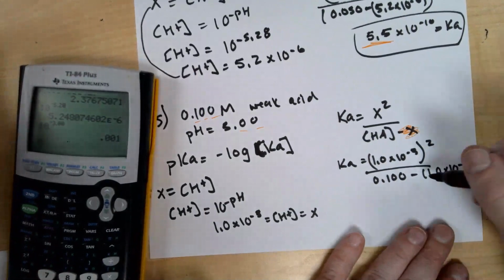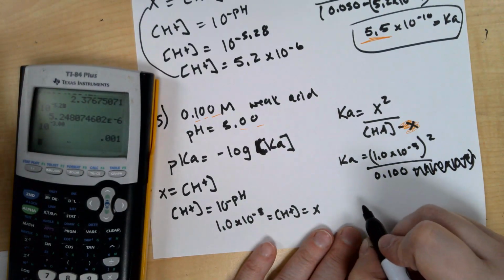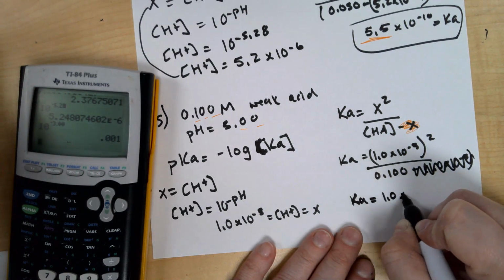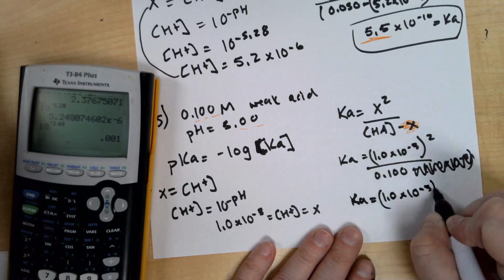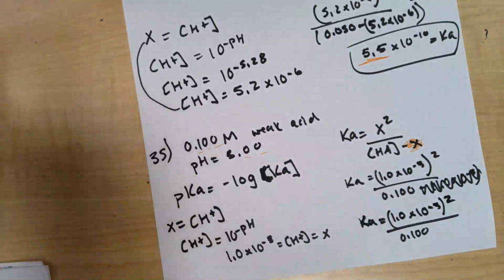Okay, back to recording. I'm going to eliminate this whole sucker down here. We don't have to do that. So our Ka is going to equal 1.0 times 10 to the negative third squared, all divided by this.